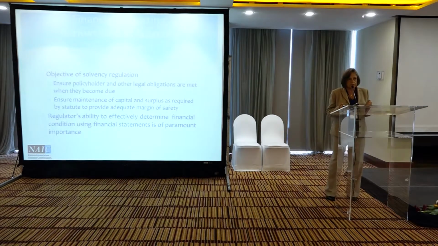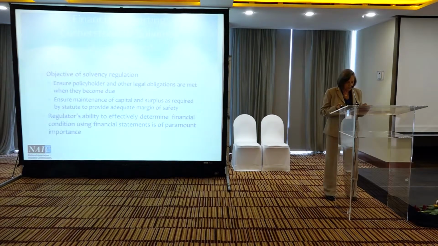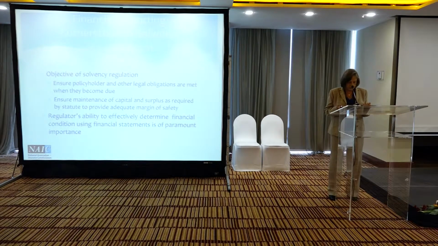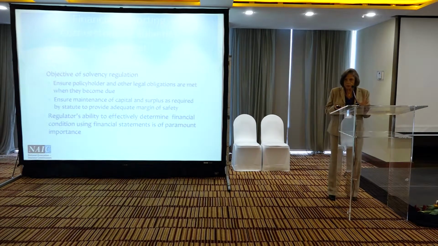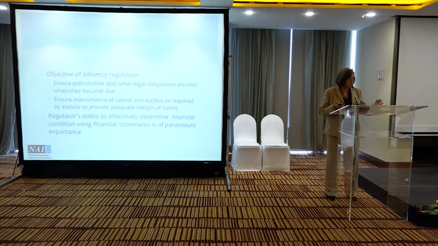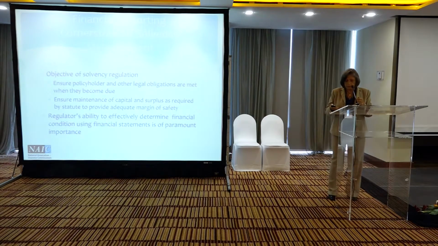The emphasis obviously is on solvency, it's policyholder protection, and making sure that the company can not only meet the obligations to policyholders, but meet the legal obligations that they have. So we want to make sure that they are maintaining the capital and surplus that is required by state law. It's with a sufficient margin, obviously, for safety.